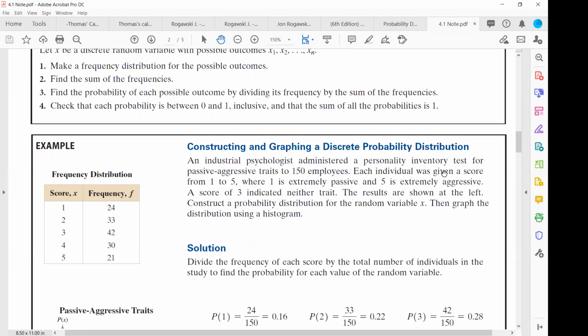Each individual was given a score from 1 to 5, where 1 is extremely passive and 5 is extremely aggressive. A score of 3 indicated neither trait. The results are shown at the left. Question says, construct the probability distribution for the random variable X, then graph the distribution using a histogram.